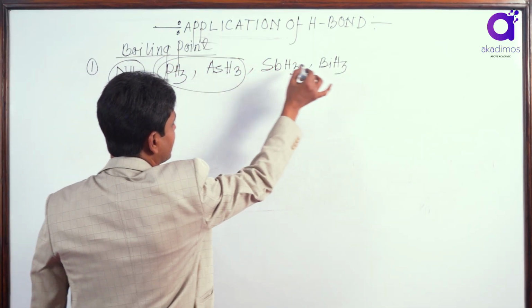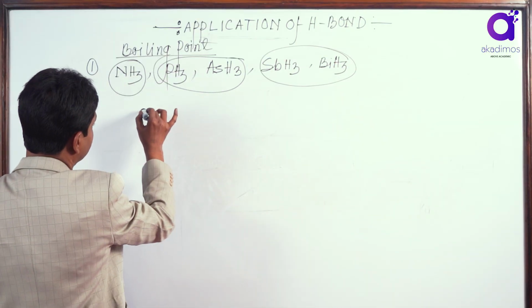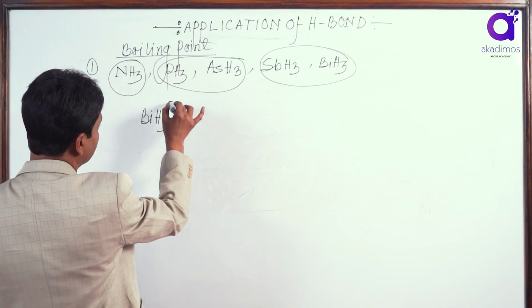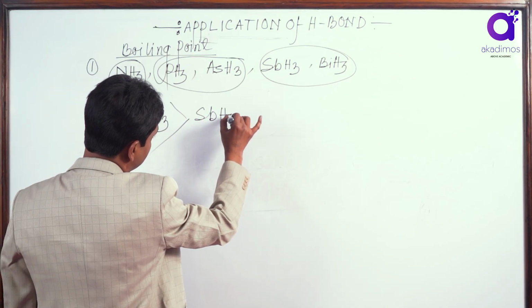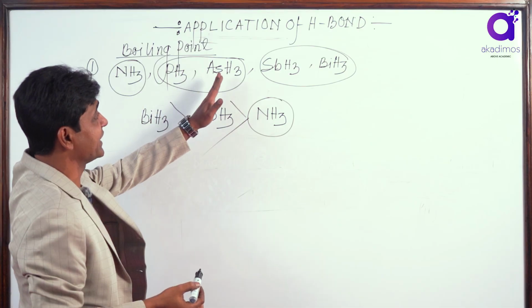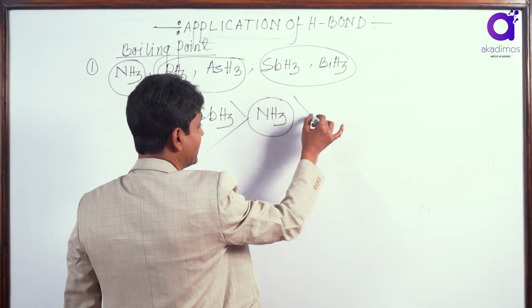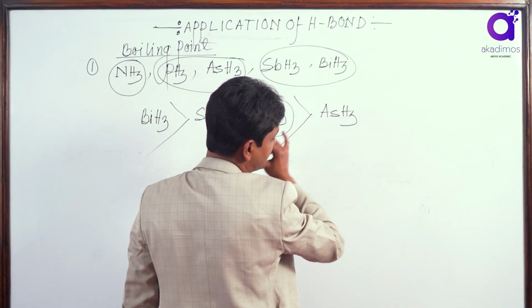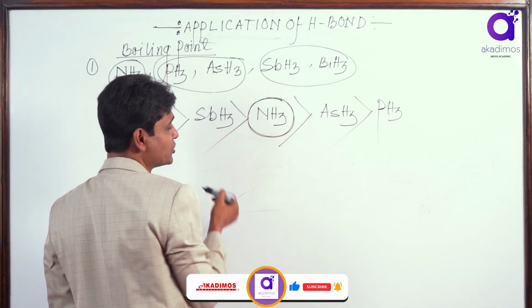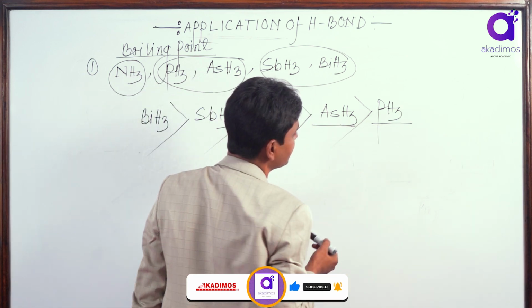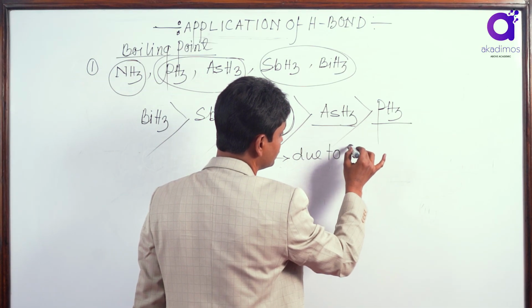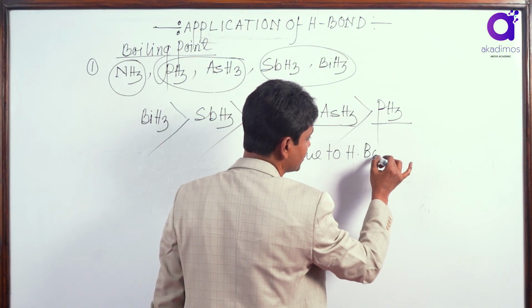The boiling point of BiH3 is maximum, a little bit ionic also since bismuth has metallic character, greater than SbH3, and then NH3 due to hydrogen bond, greater than AsH3, arsenic hydride, greater than phosphine PH3. Remember, this ammonia position is due to intermolecular hydrogen bond.